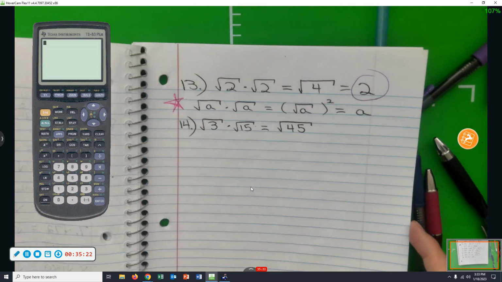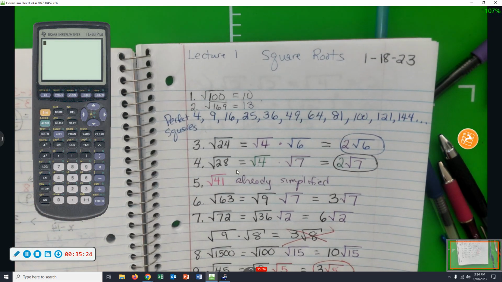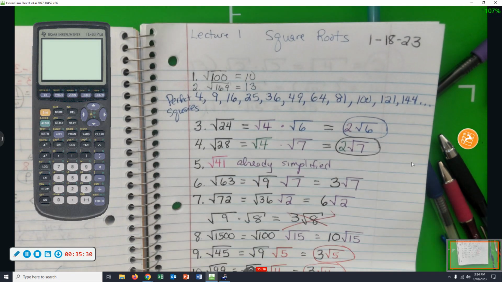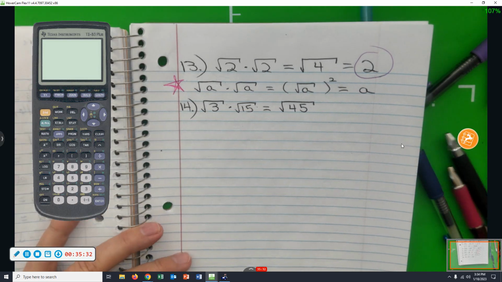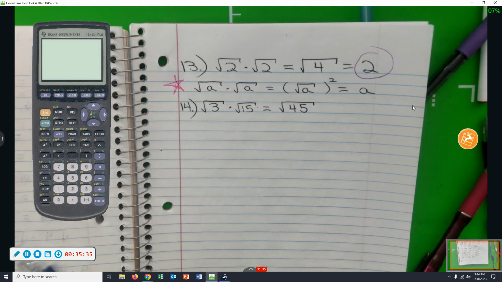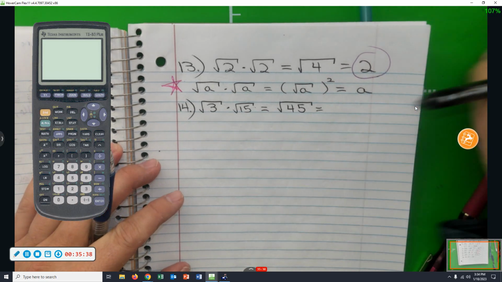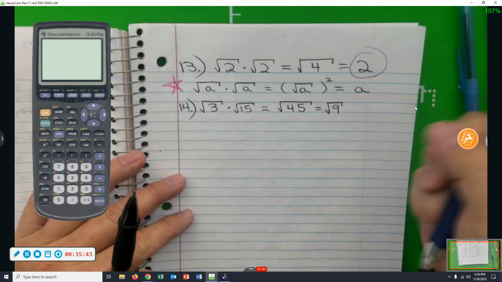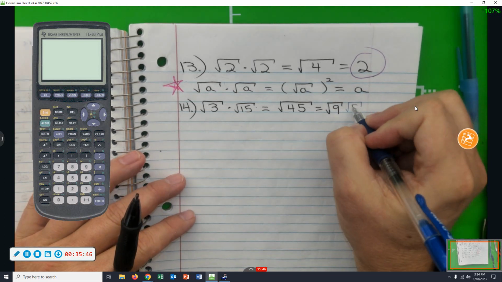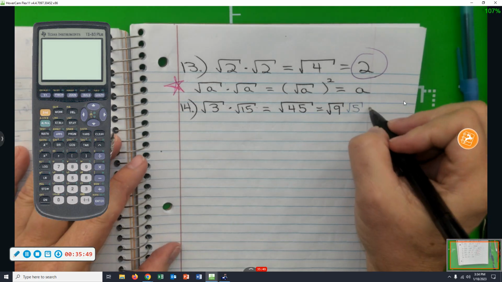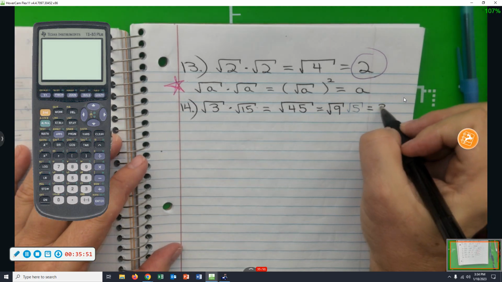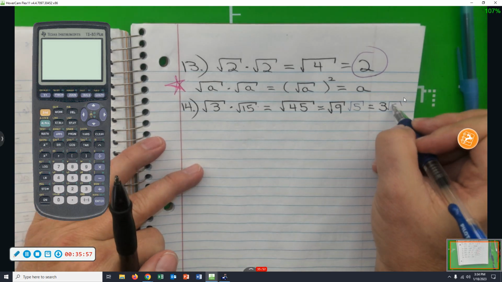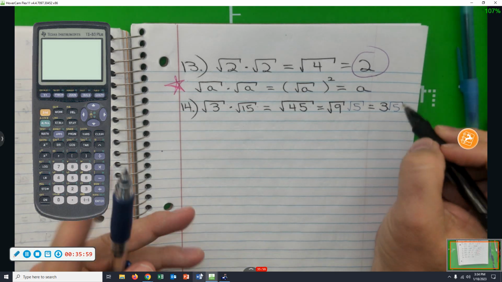No. Remember, I think we've already simplified it somewhere. 9 goes evenly into 45, so you think of it as the square root of 9 times the square root of 5, and the square root of 9 we write as 3, and what do we do with that square root of 5? Just keep it, stick it on there. 3 square root of 5.